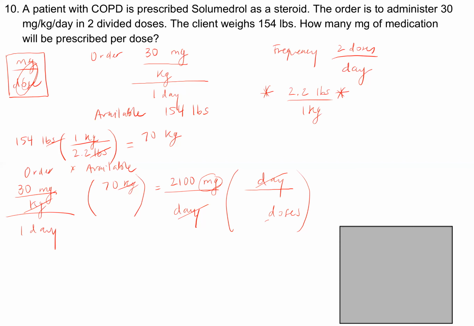So we're left with milligrams per dose. Don't forget to fill in your numbers. And 2100 divided by 2 equals 1050 milligrams per dose as your final answer.